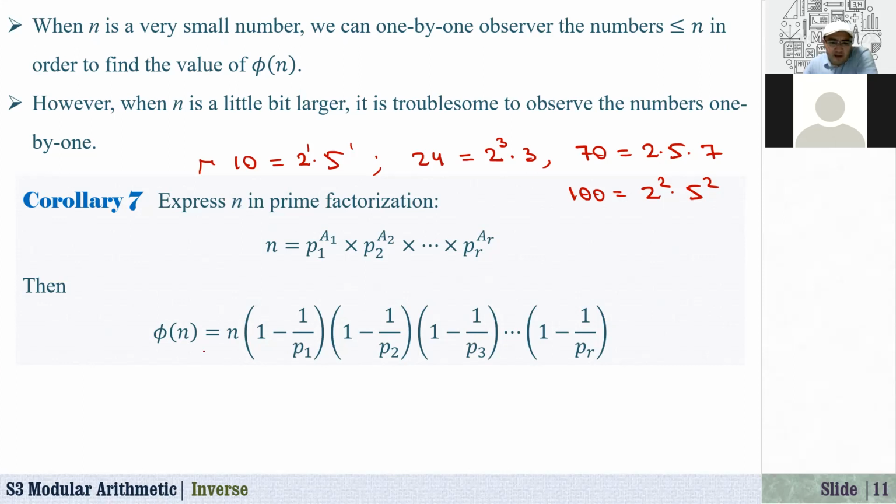So phi of n is equal to n times 1 minus 1 over p1, times 1 minus 1 over p2, times 1 minus 1 over p3, dot dot dot, times 1 minus 1 over pr. This is a very good, short way of finding phi of n.